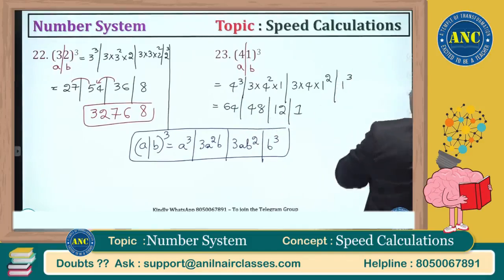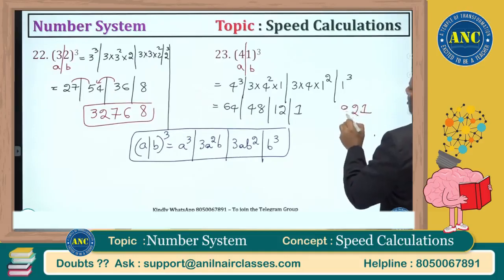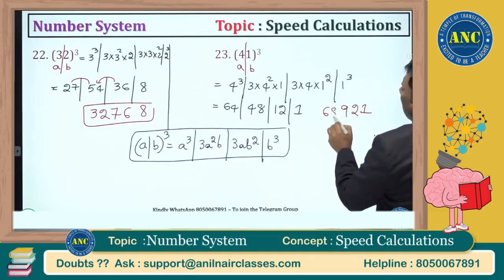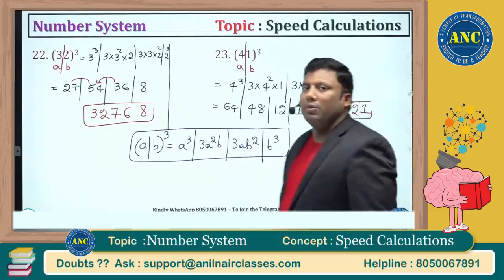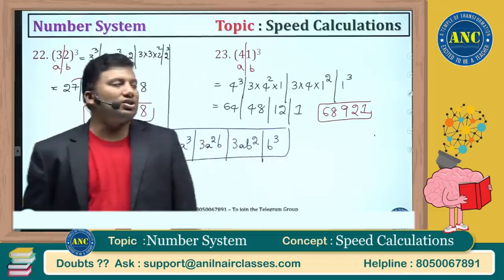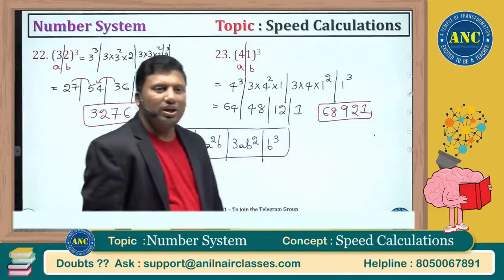And this is 1. Till here it is clear, right? Write down 1. 12 2s, 1 carried, 14 9s, 9, 4 carried, 6 8, 9 2, 1. 41 whole cube value is 68921 and 32 whole cube value is 32768.